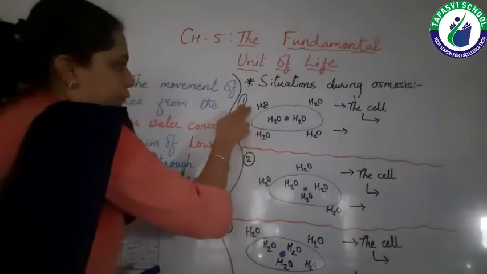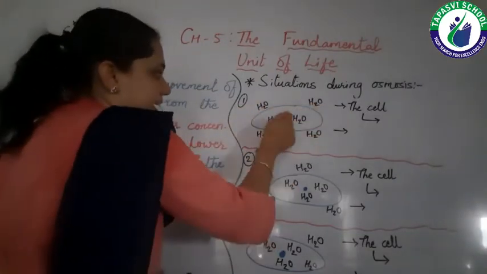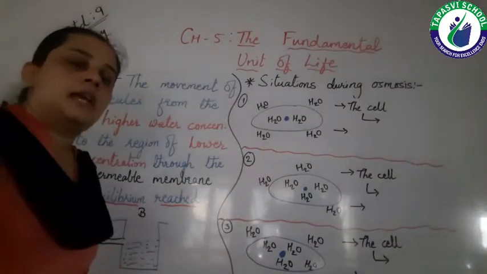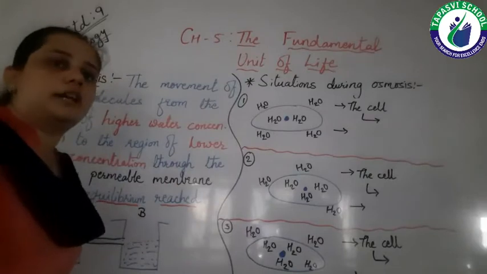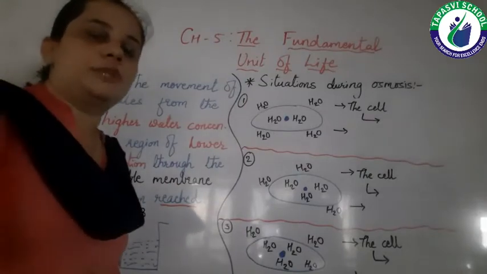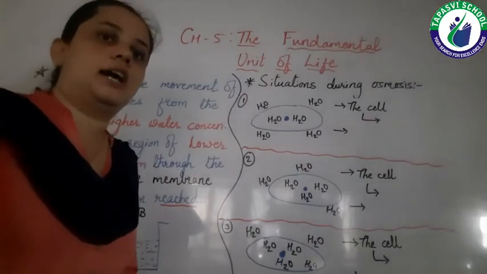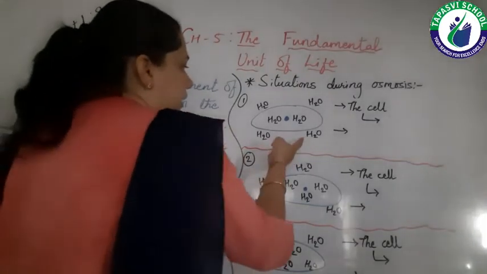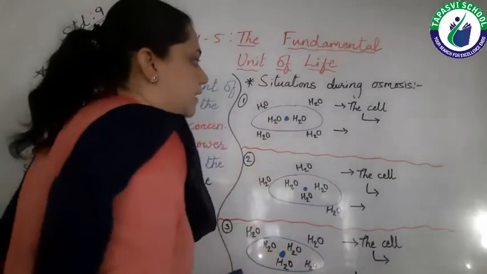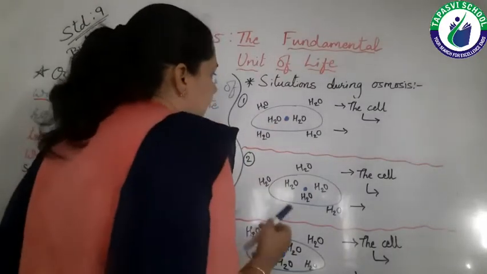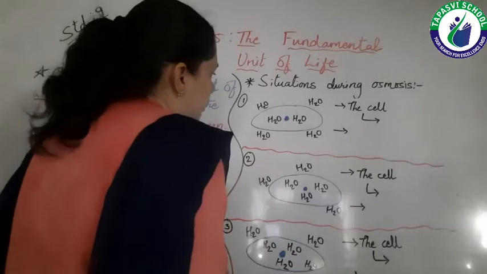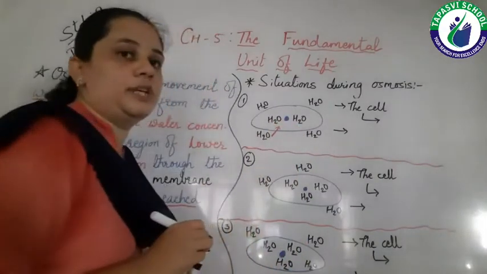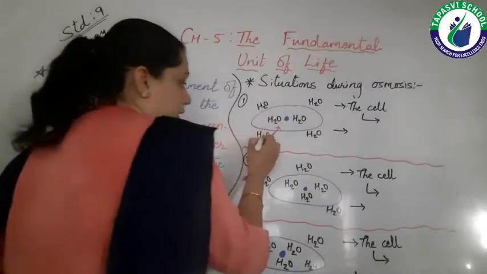Outside the cell there are 4 water molecules and inside the cell there are only 2 water molecules. So what happens? According to osmosis, water molecules will move from the high water concentration to the low water concentration. Means here the water will move from the outside to the inside, right? How much water will move from outside to inside? Only one molecule here, right?